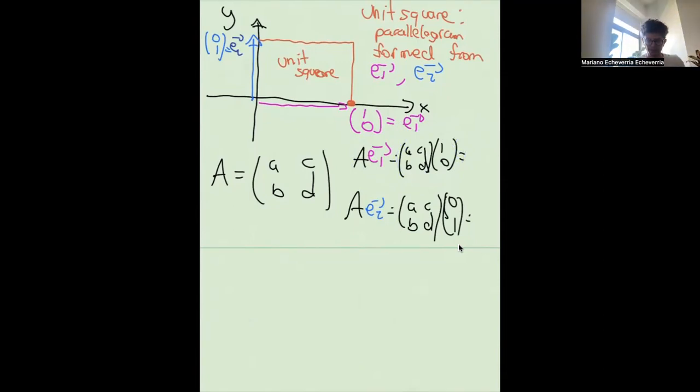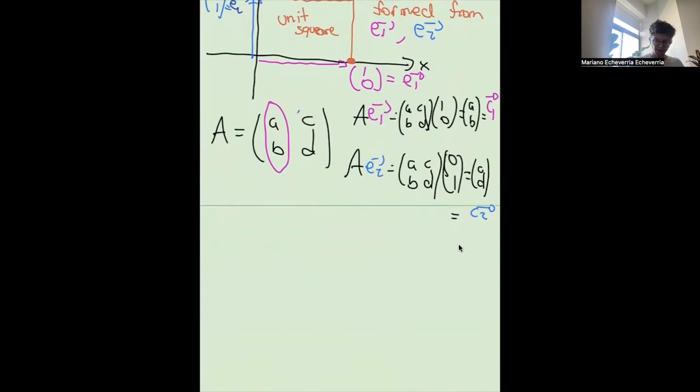If you do this multiplication, this is just AB. But what is AB? That's just the first column of the matrix. And if you do the second multiplication, you get CD, which is just the second column.